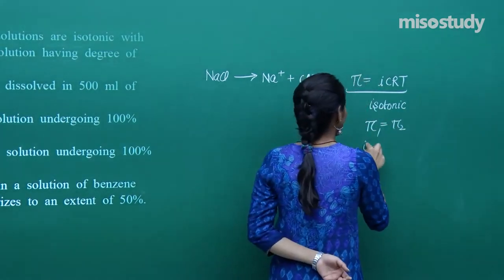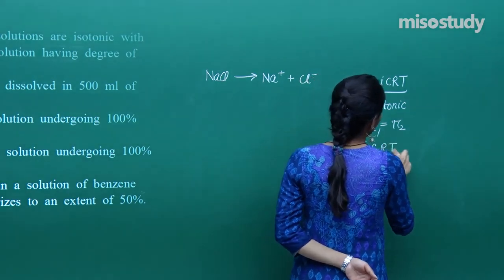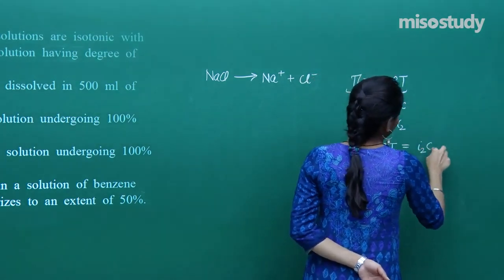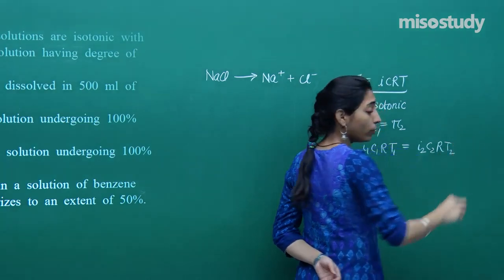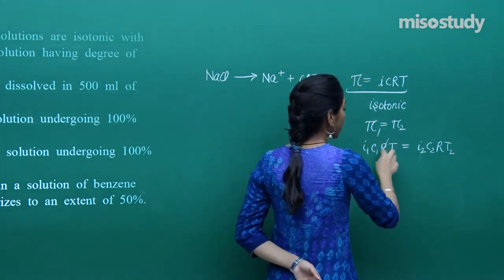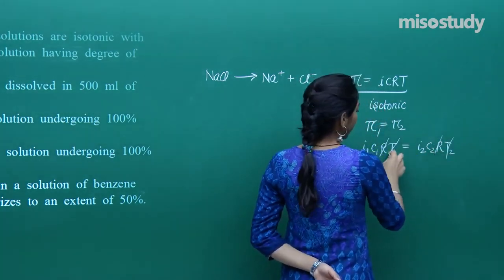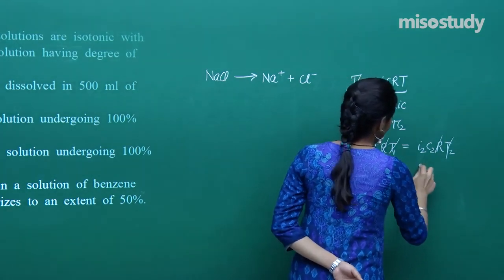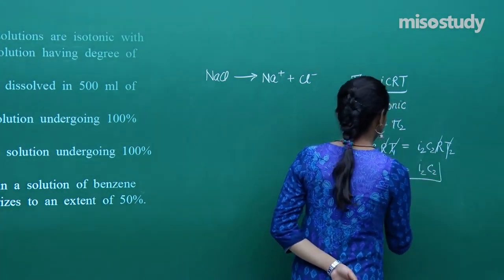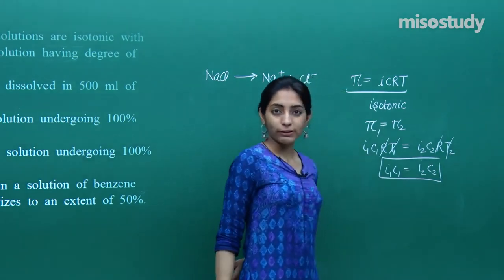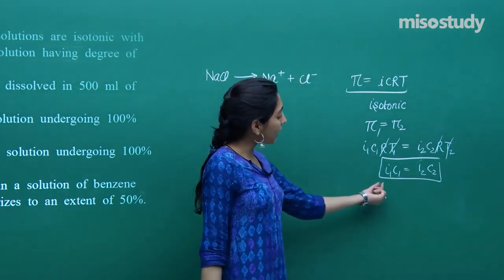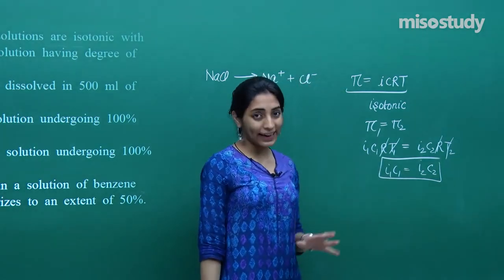So i1 C1 R T1 is equal to i2 C2 R T2. But R is constant, temperature is also constant. So I just need to make sure that i1 C1 should be equal to i2 C2.